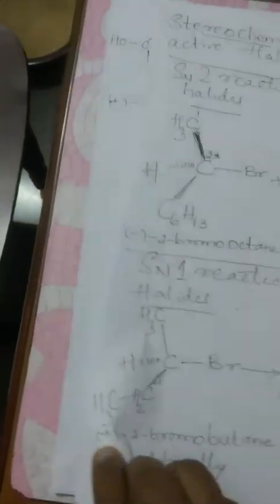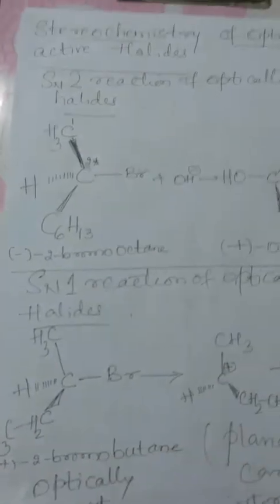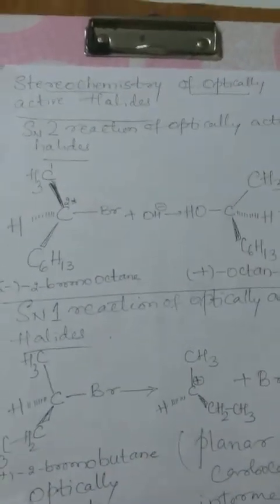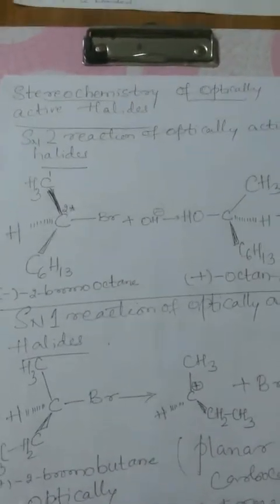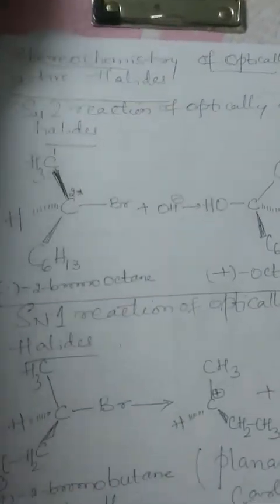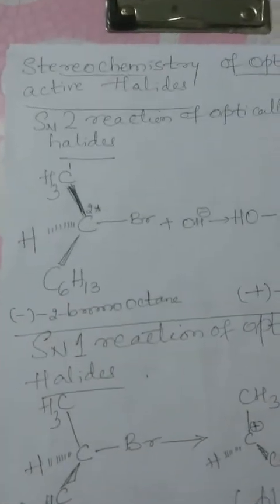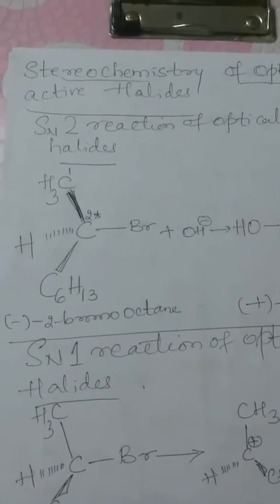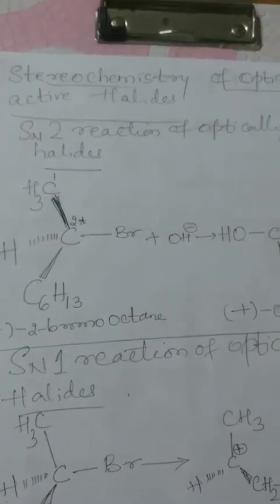Now coming to stereochemistry of optically active halides. Two halides, one for SN1 mechanism, the other for SN2 mechanism. So at first I will take SN2 reaction of an optically active halide. The example taken is that of 2-bromo-octane.